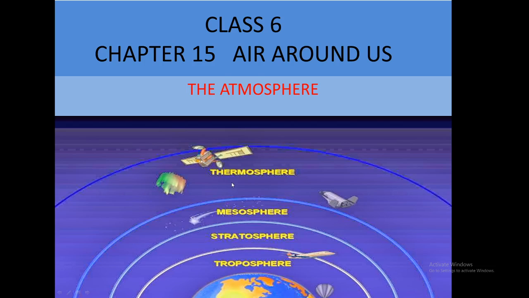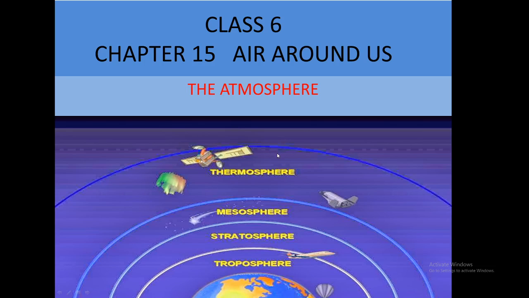Okay, and the next layer is the thermosphere. Here in the thermosphere, the space shuttles orbit. And the outermost layer is the exosphere, which leads to the outer space. That is the last, outermost layer of the atmosphere, and there the air is also very thin.